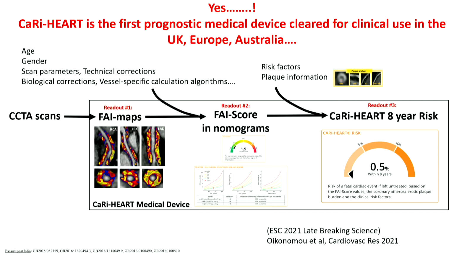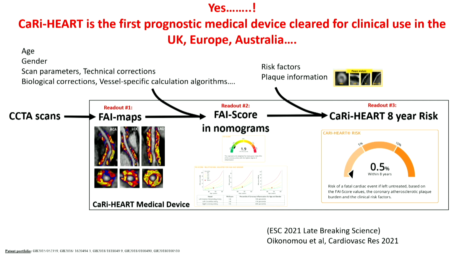And it uses vessel-specific calculation algorithms to calculate what Ron mentioned earlier, the fat attenuation index score, the FAI score. That's important to be interpreted in nomograms for age and gender, because in that way you can tell whether the artery is inflamed or not compared to the patient's peers of the same age and gender.